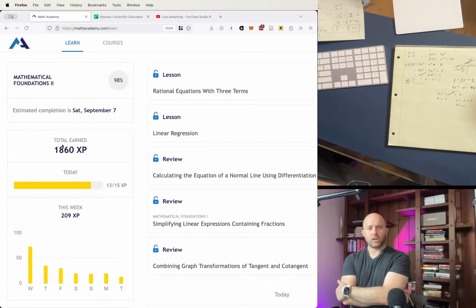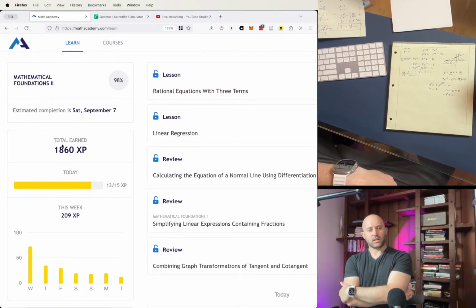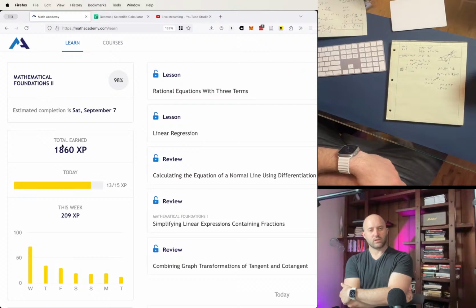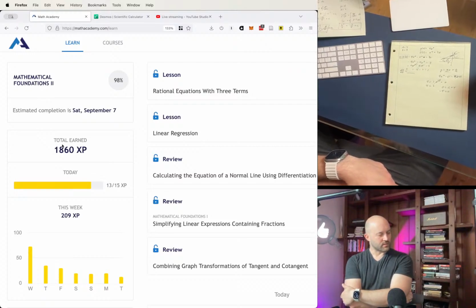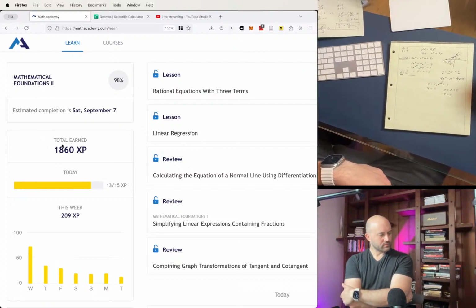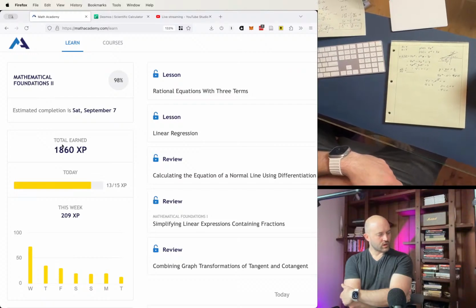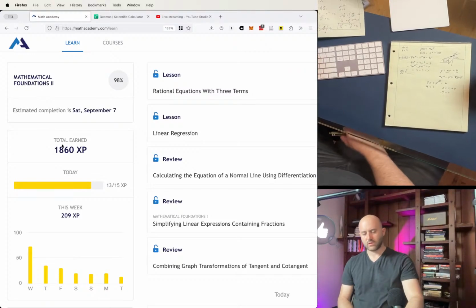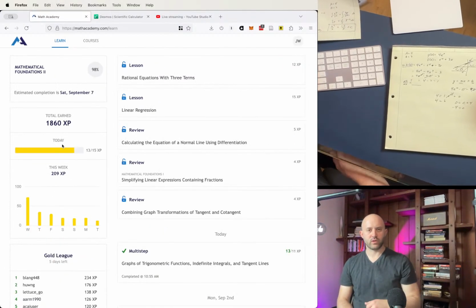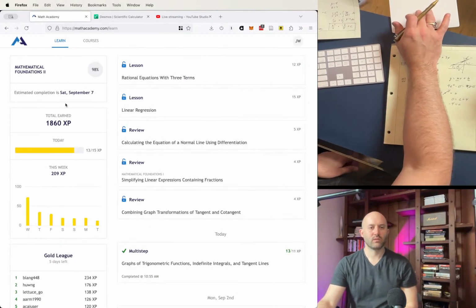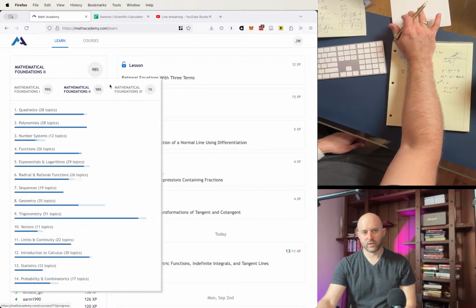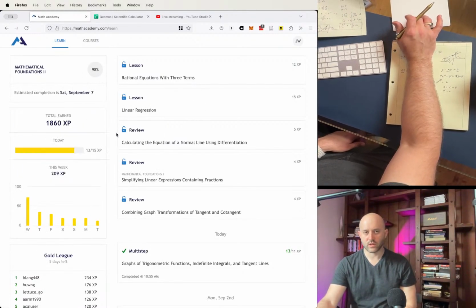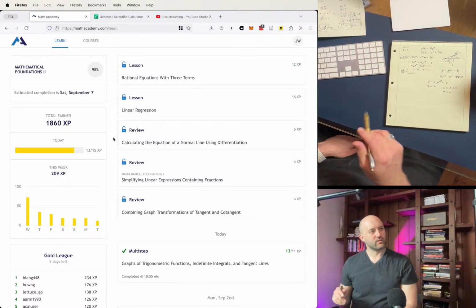I'll keep going here, and one thing I like about this especially is that you have a sense of how much effort it takes to learn. So if you want to know how long it will take me to learn all of Foundations 2, it'll take me another 5 days or something, and it's just a matter of turning the crank.